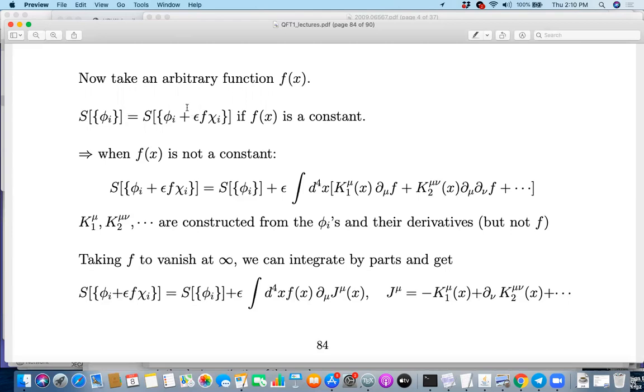So this will be an exact statement, and then all of these terms will vanish, right? Because this is equal to this. So you don't have k1 mu or k2 mu nu or anything, right? So j mu would vanish if it has a local symmetry. Okay. Is that clear?